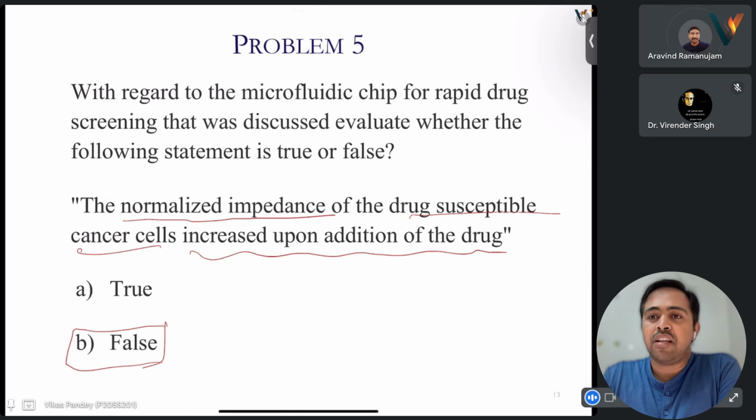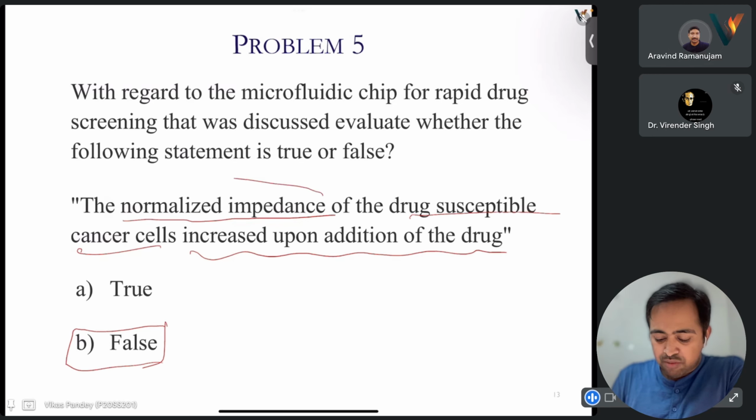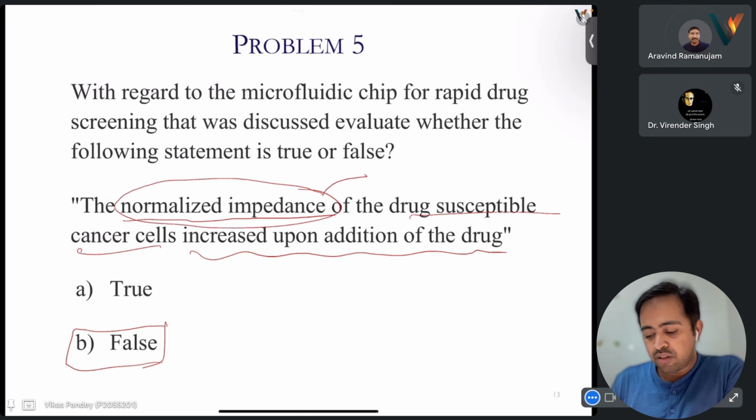Is there any increase of charge, decrease of charge, or what is happening here? Any idea? Impedance will decrease, for sure. But why is it decreasing? When impedance is decreasing, the conductivity will increase or decrease? Increase.